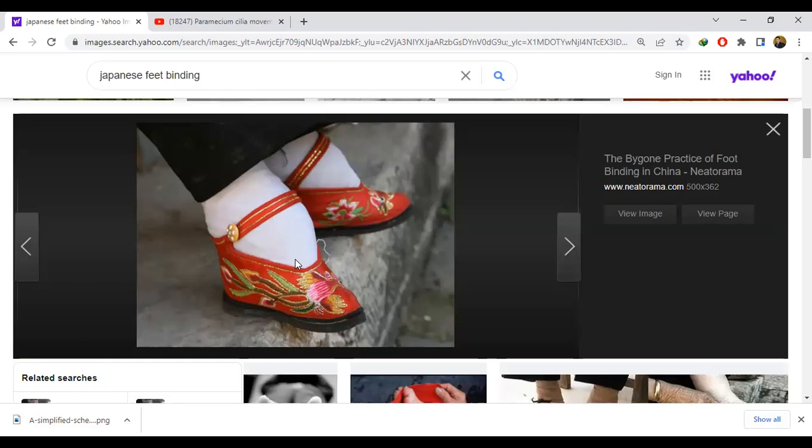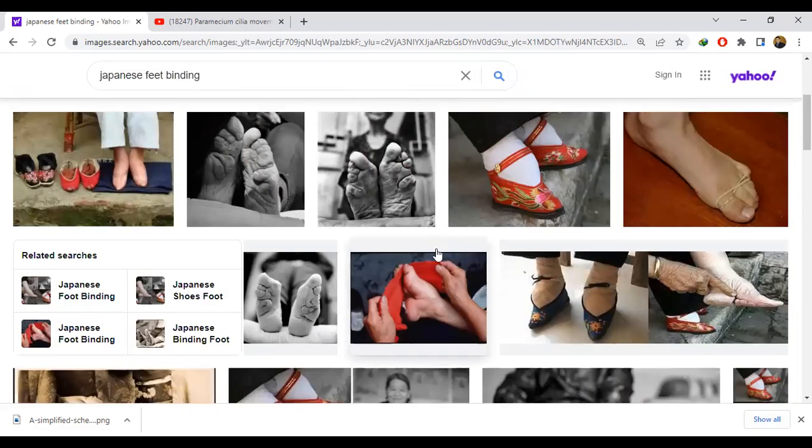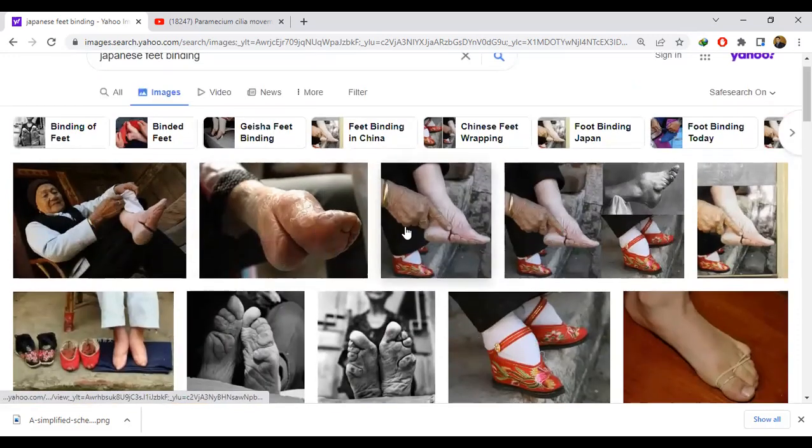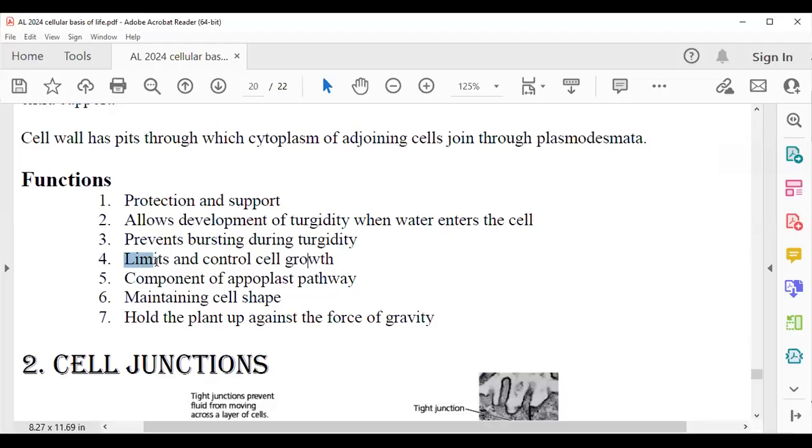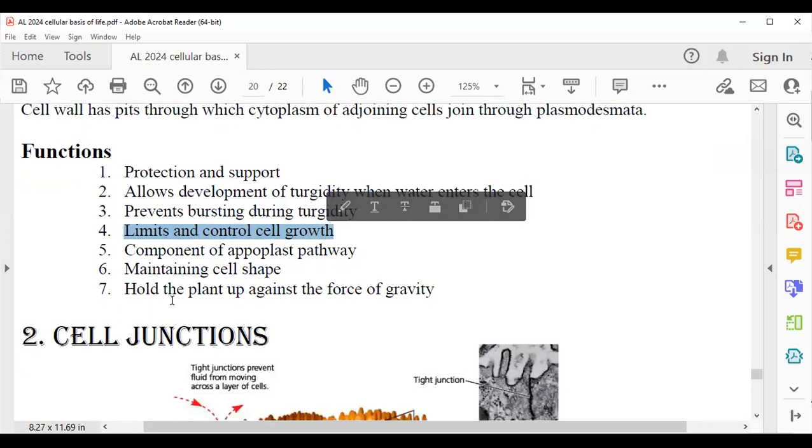So because of this, what has happened to their feet growth? Can you see? So a harder material is limiting and controlling the growth. Can you understand the way I am connecting it?